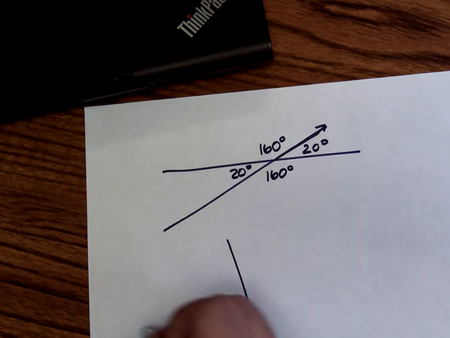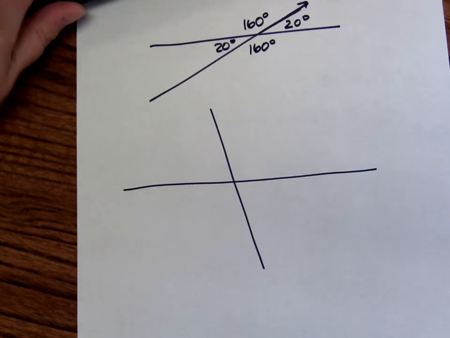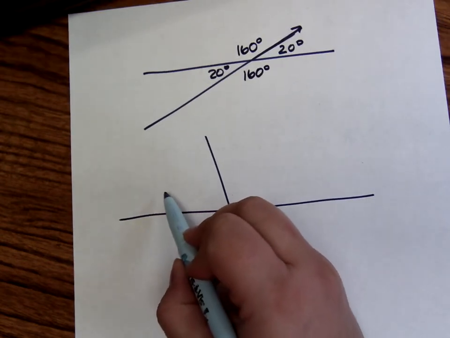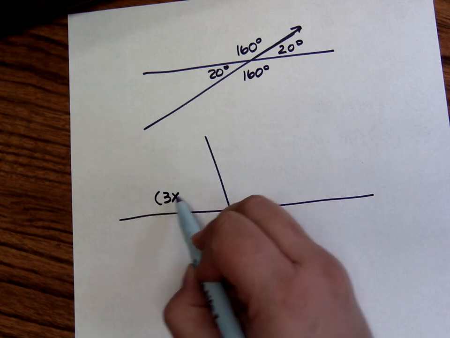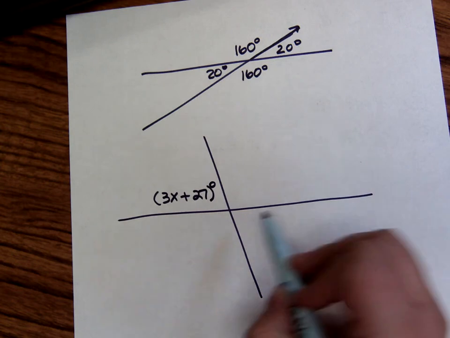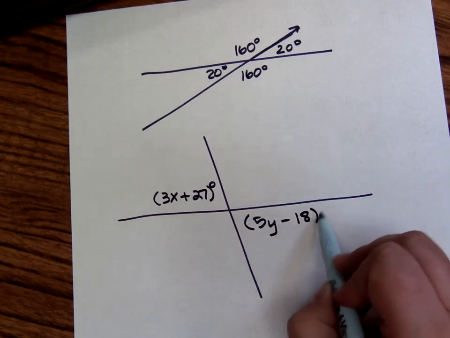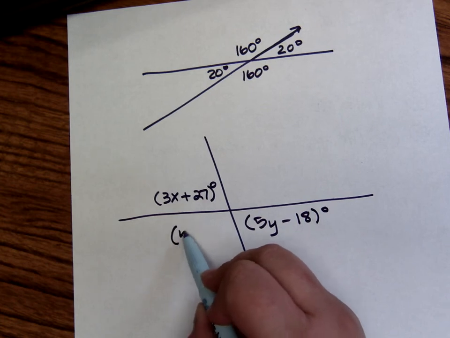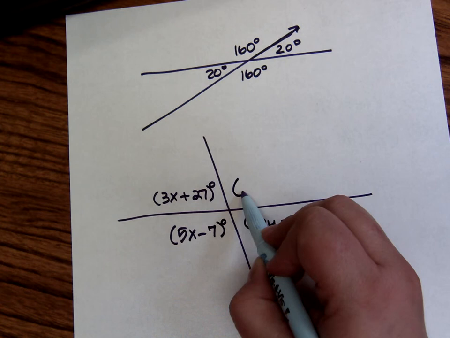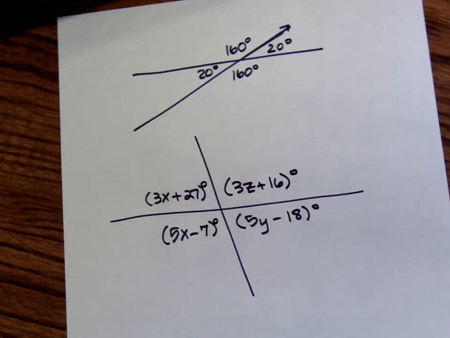So let's say that you have a picture like this, and you have a bunch of algebraic expressions. I don't know how these are going to come out because I'm just making them up on the spot. They may be kind of ugly. Let's say we've got this, and this, and this, and this.